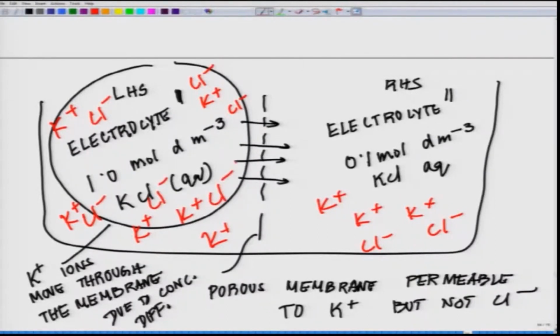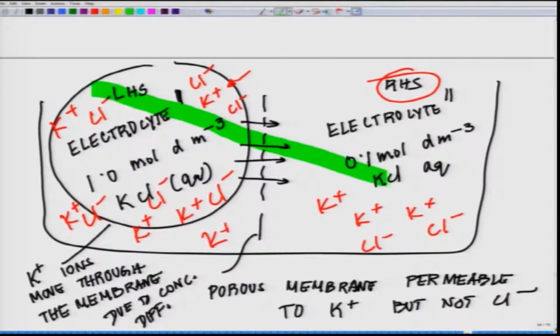So, based on the gradient, say for example, I have 100 ions of potassium on this side and say 50 ions of potassium on the right hand side. Automatically, by the gradient difference, the flow will be in this direction. So, potassium ions will try to migrate from the left hand side to the right hand side.